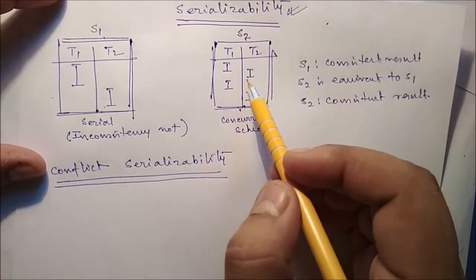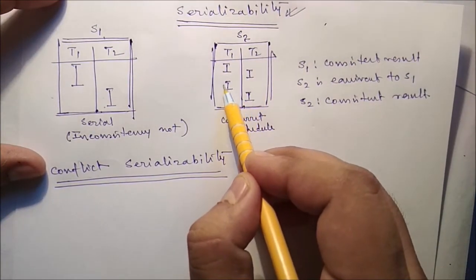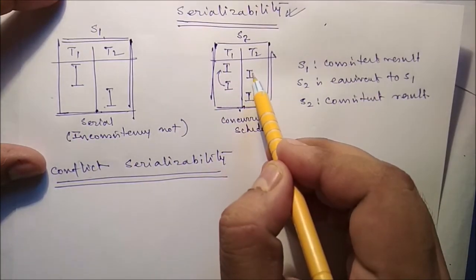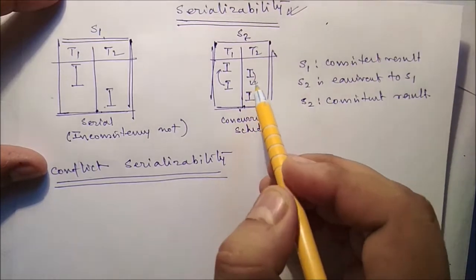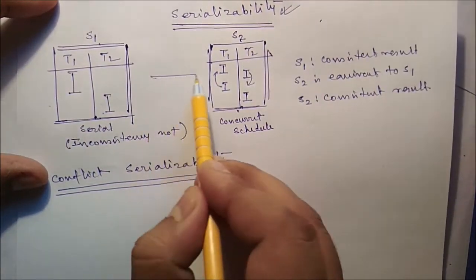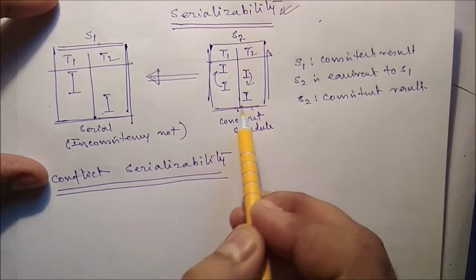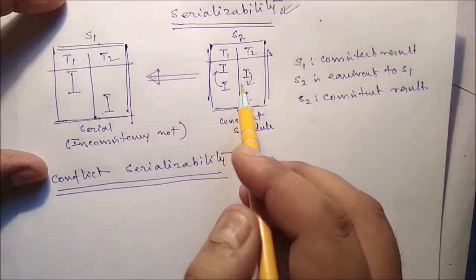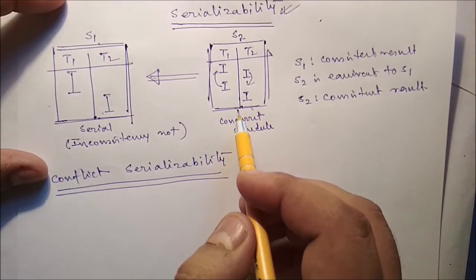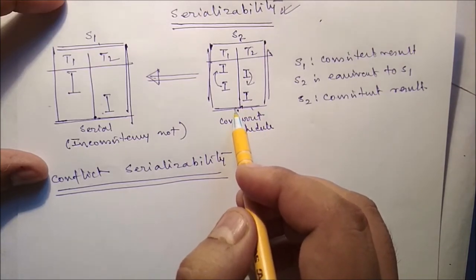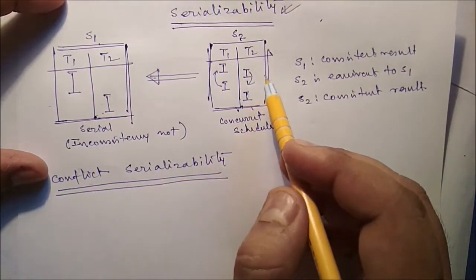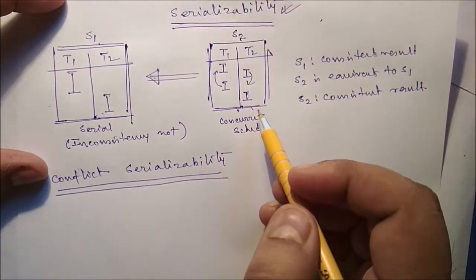By swapping the operations, moving this set of instructions upward or downward, if it is possible to convert the concurrent schedule to a serial schedule by swapping non-conflicting operations, then it is called a conflict serializable schedule, and we can say this schedule will generate a consistent result.